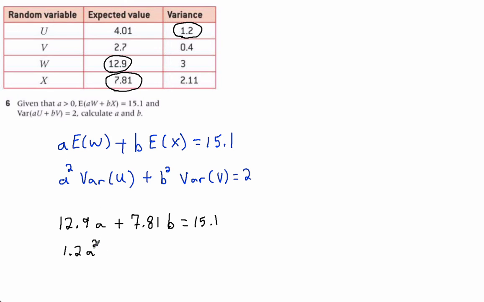So you end up with a squared times 1.2, which is the variance of u, plus, and we look at the variance of v, which is 0.4, and that's times b squared. This equation is given to us to equal 2.